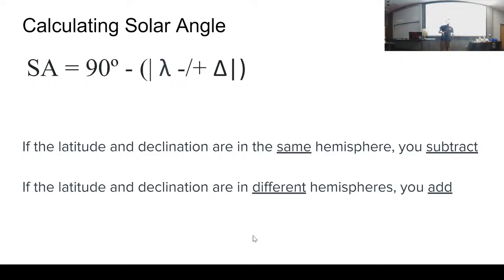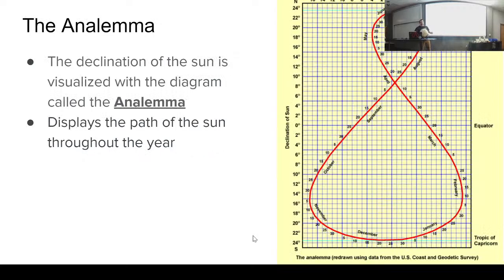All right, so your location will be where you are, or what location you are trying to find the declination for, or the solar angle for. So what you're going to do is here in Jacksonville, we're at about 34 degrees-ish. There's an ish there, but we're going to do 34 degrees for the purposes of what we're doing here. But then you will have the declination. Well, how do you figure out the declination? Well, let's take a step backwards a second.